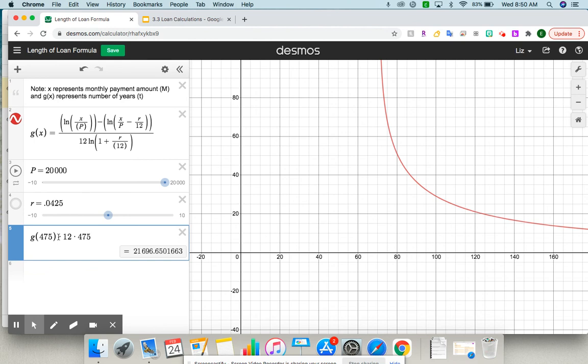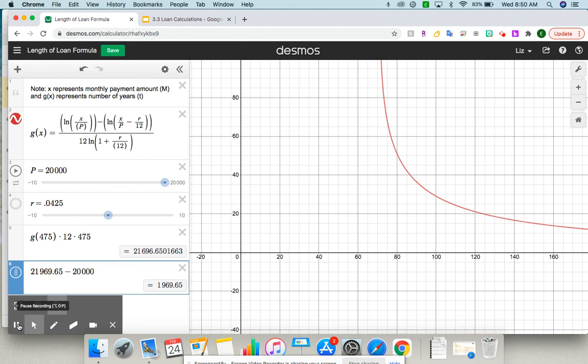So the total amount of this loan would be about $21,700. And then we could take that and find the difference between that amount and the original amount of the loan. So he would be paying almost $2,000 in interest for this loan, again, over the course of about 3.8 years.